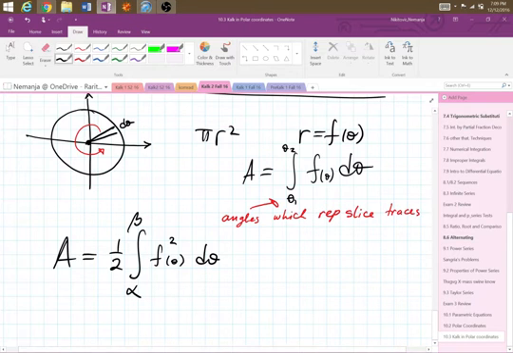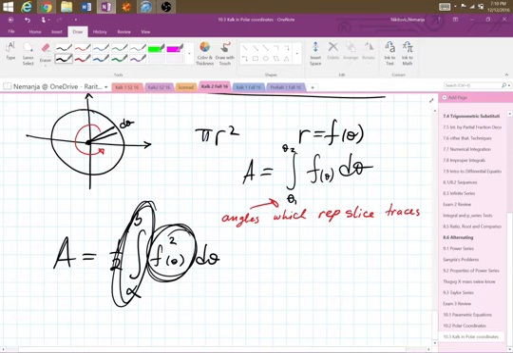Areas are two-dimensional, and d theta has no dimension to it. Theta is not measured in inches or feet or kilometers or miles. Therefore, there is no dimension brought by this. So here is your r squared, and here is your pi.